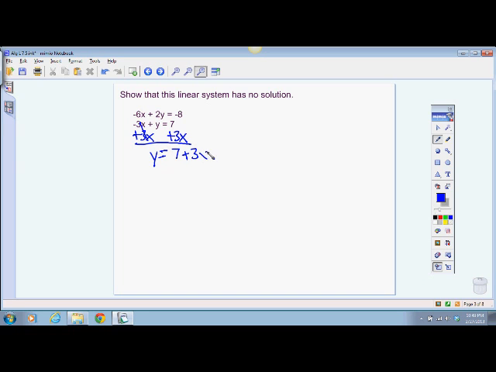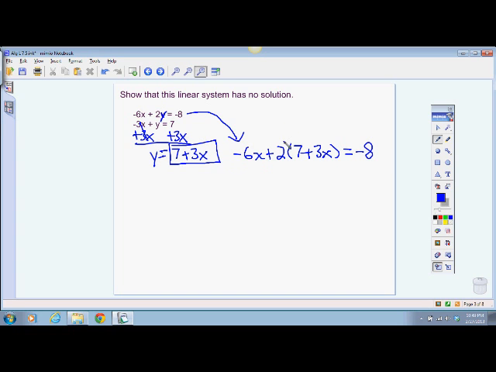We can substitute that now in for y in this equation. Again, now we're just using a different method. We're using substitution. So I'm going to say negative 6x plus 2 times my y, but my y is 7 plus 3x, and that's going to equal negative 8.